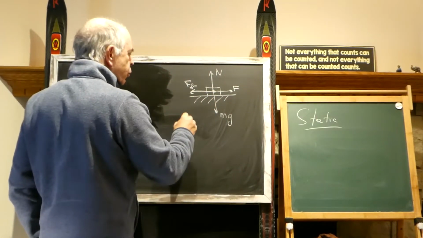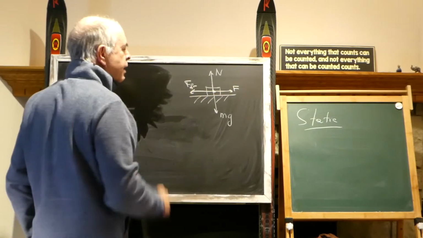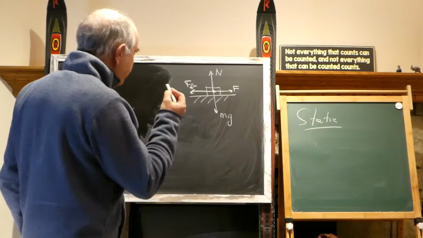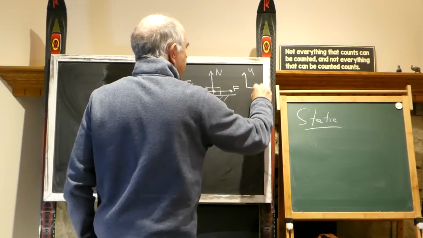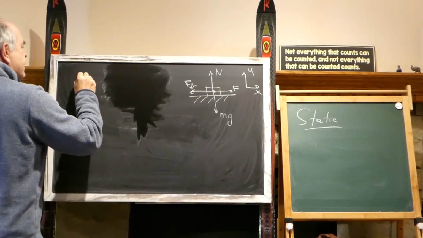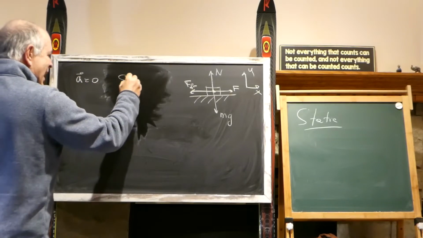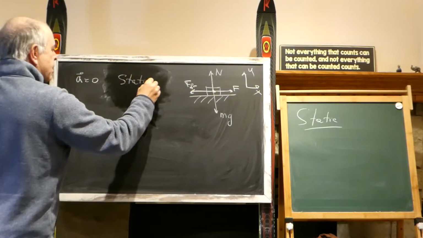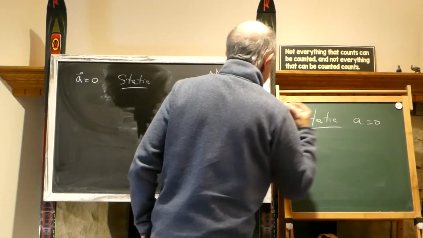And this friction would be just so that F equals F friction. So if the body is in static position, and this is y and this is x, I can say that acceleration equals 0. That means static. Static and A equals 0 are synonyms.